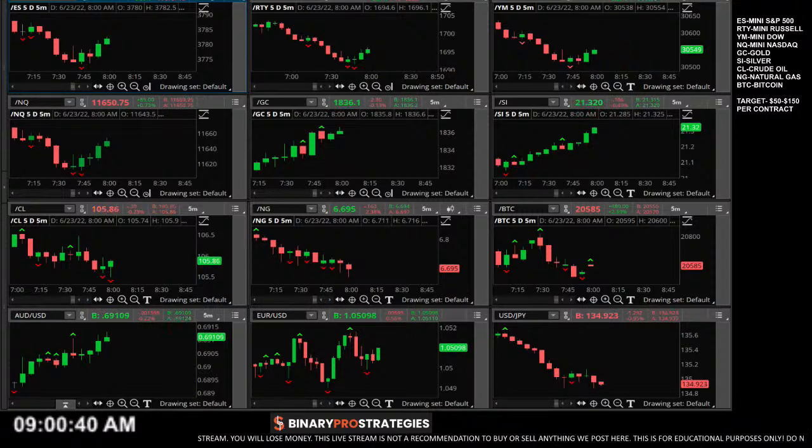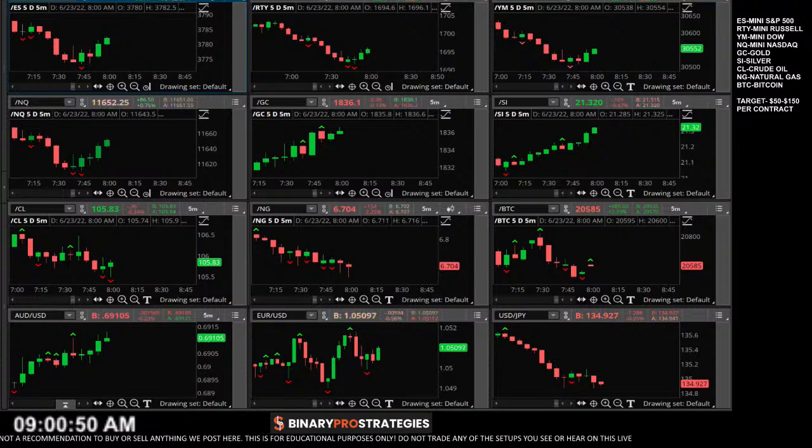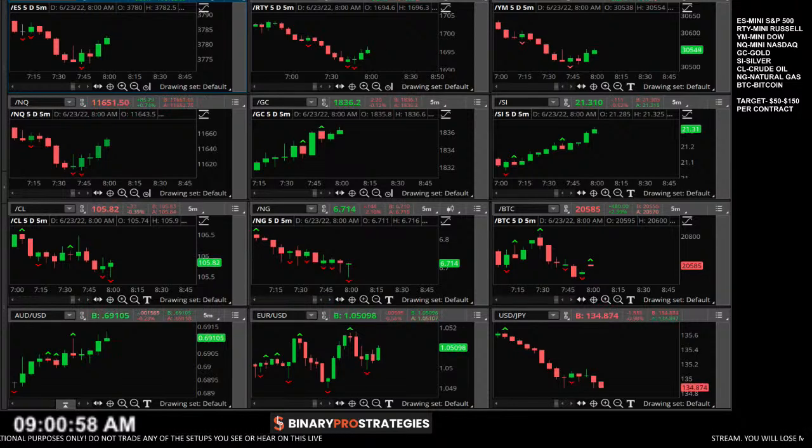Those are the indices. On the futures side, commodities, we'll be looking at GC for gold, SI for silver, CL for crude, NG for natural gas, BTC for Bitcoin. And then for Forex, we're going to be watching three currency pairs, Aussie US, Euro US, and US yen.